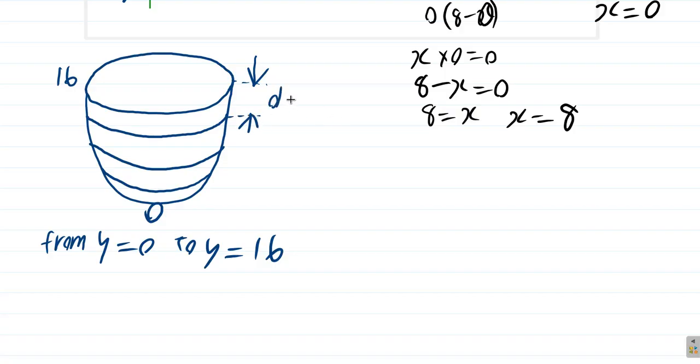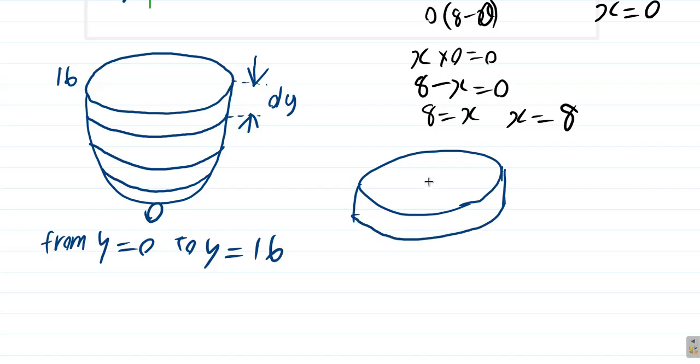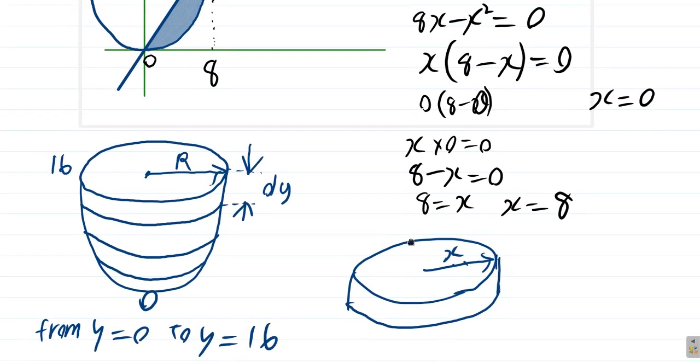Each slice is like a cylinder, so if I draw the cylinder here, you have a radius r. That radius is the same as x.